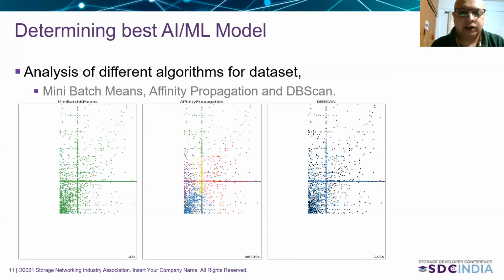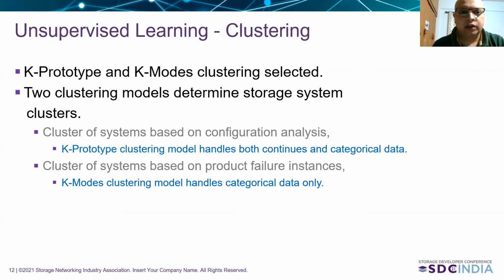Because we had different kinds of data, that is categorical and also numerical data, we found that the other algorithms did not fare well for our use case. So we went with the clustering method, that is K-prototype and K-modes.